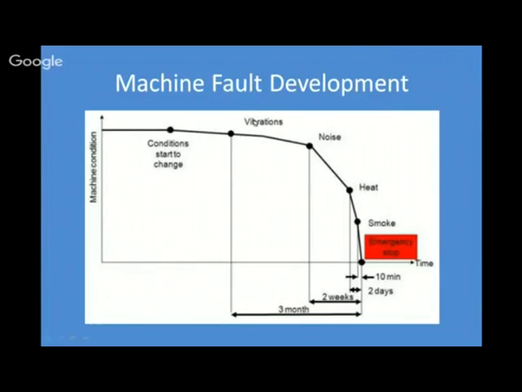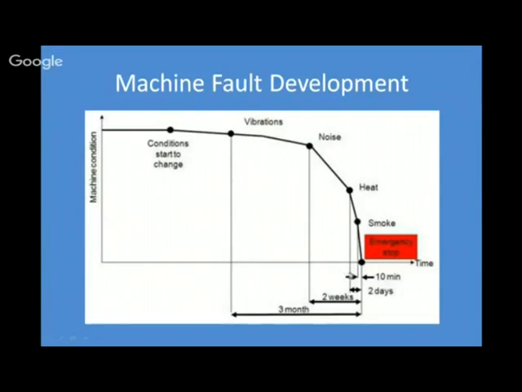Now at this point we will observe some vibrations in the machine, for example due to bearing failures or shaft misalignment. Then we have noise, then heat, and if nothing is done at this stage, we will have the emergency stop or breakdown of the motor at this point.